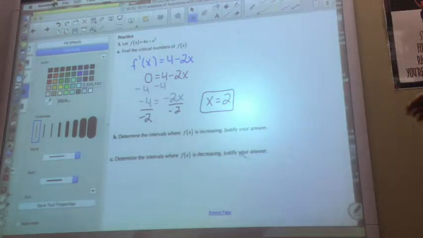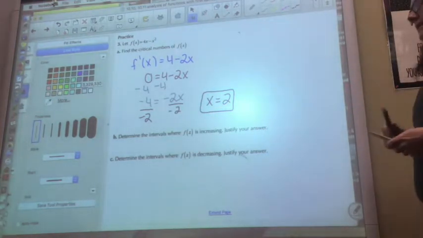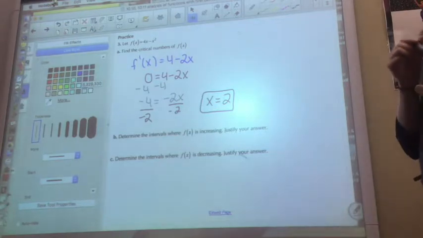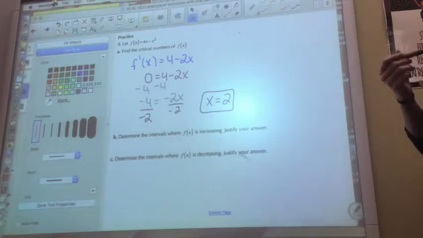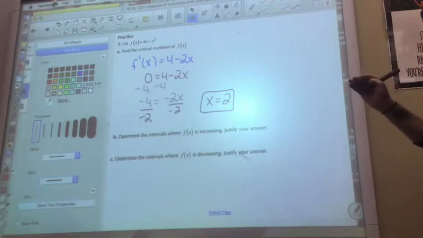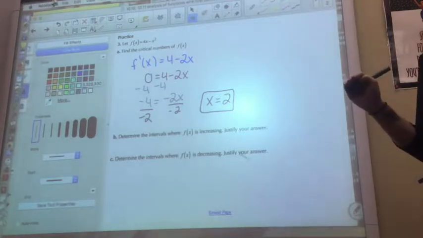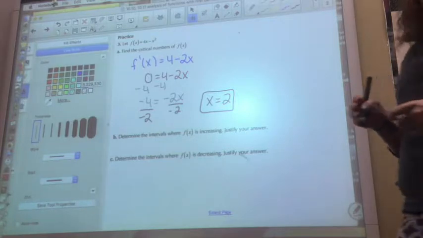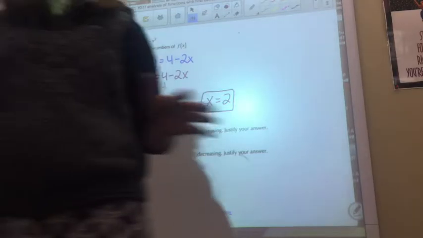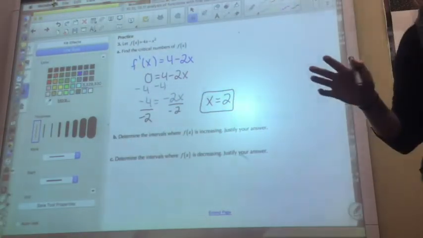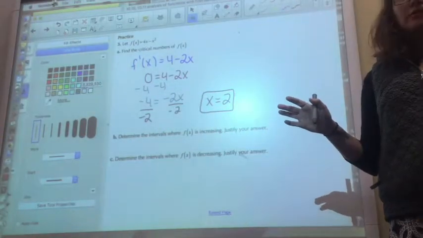Now, to answer B and C, we're going to do something that I think most of you did last year, but it's possible some of you haven't actually done. It says determine the intervals where f of x is increasing and justify your answer. If I say sign chart, is that vocabulary familiar to any of you?